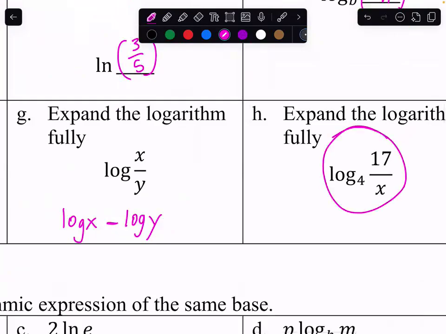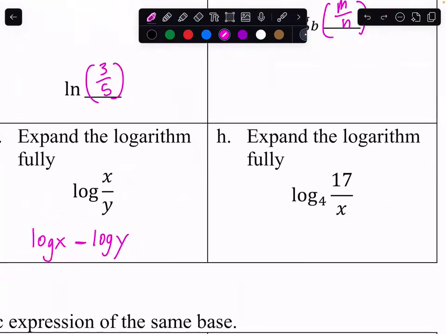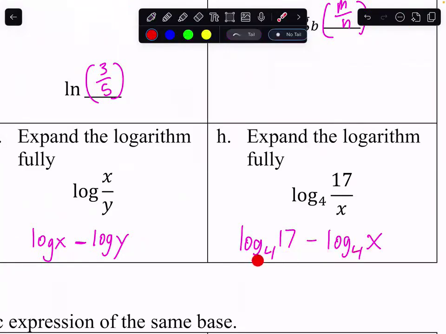Okay, so go ahead and try applying that to letter H, please. See if you can split that one up into two different logarithms. Okay, so the key thing here, make sure you kept the base 4.